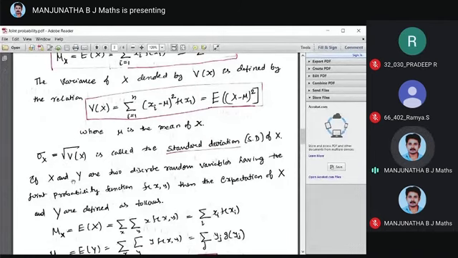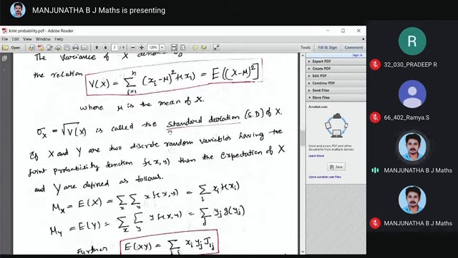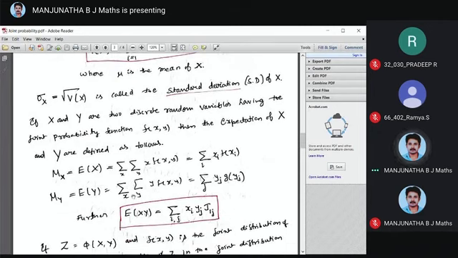Now this is for one variable. Now, if x and y are two discrete random variables having the joint probability function f of x y, then expectations of x and y are defined as follows. So, if you are given two random variables, what is your expectation of x? Mu x or expectation of x is summation of x, summation of y, x into f of x comma y.